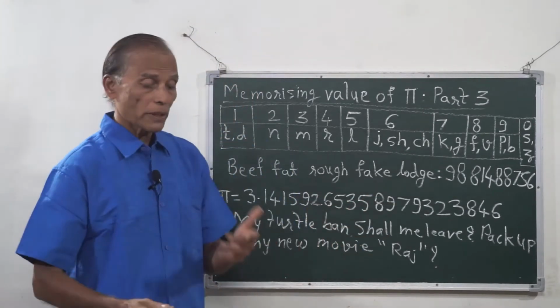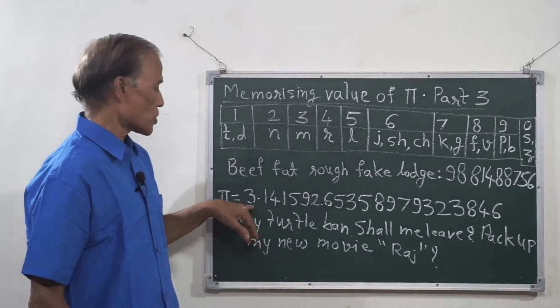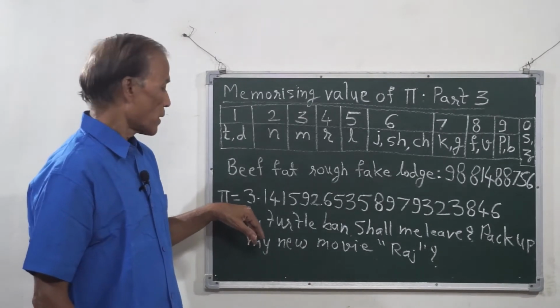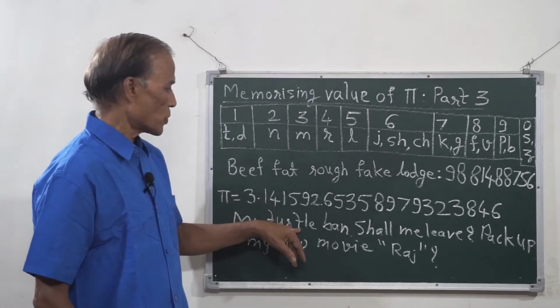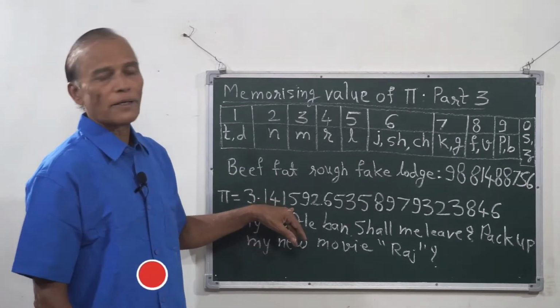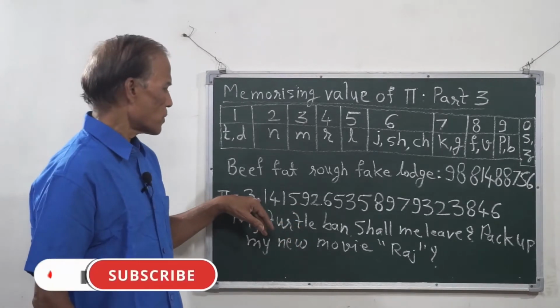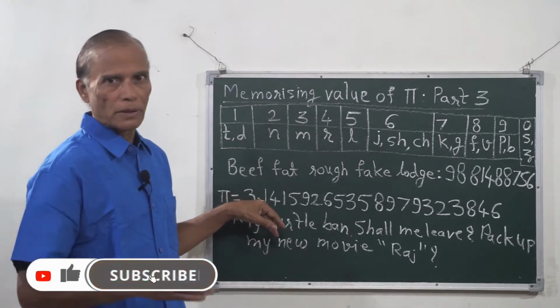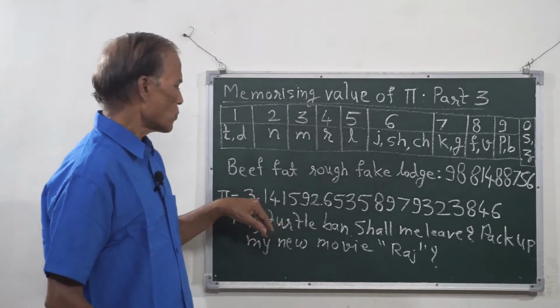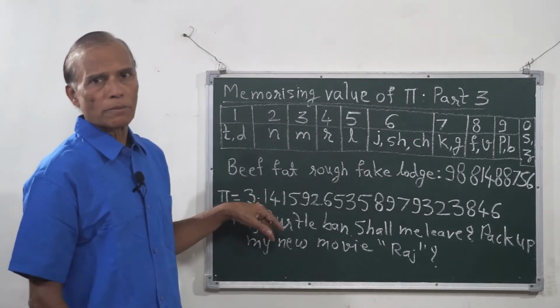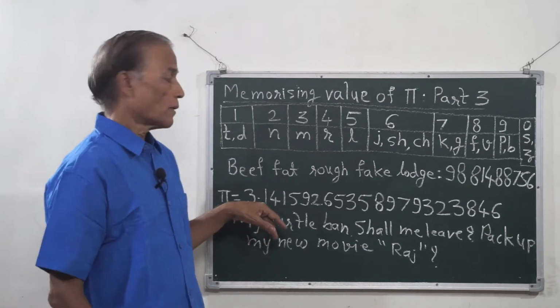Now how will conversion take place? My, M sound gives us 3, then turtle, T is 1, R is 4, T is 1, L is 5. The decimal point we know comes after the 3 in the value of pi, so there is no code for this decimal point.